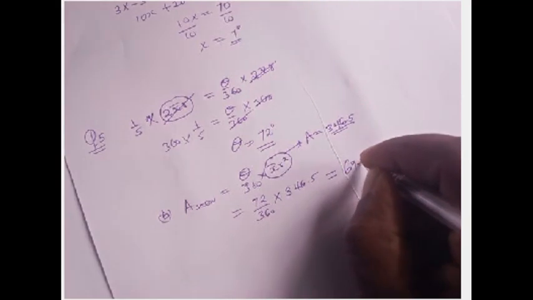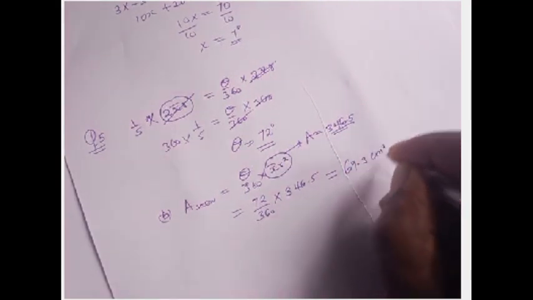So area of a sector will be 72 over 360 times the area of a circle, 346.5, and this one gives us 69.3 square centimeters. That's the correct response for the same.